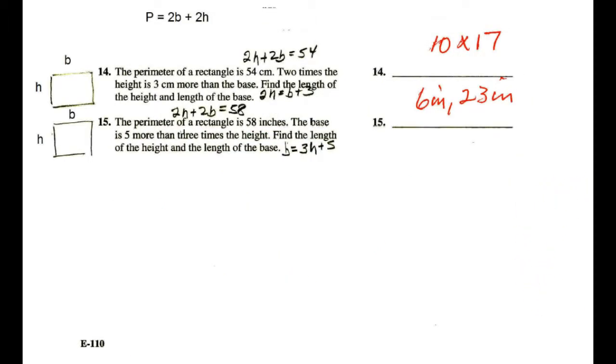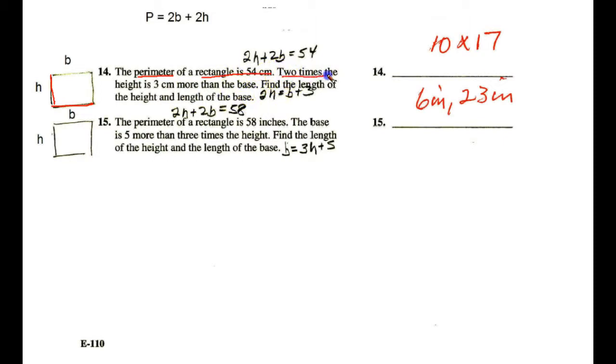So these next two are very similar. They both deal with perimeter of a rectangle. One is 54 inches, and the other is 58. And instead of using length and width, we're using base and height, which is like length and width. So there's our basic perimeter formula. 2h plus 2b equals 54, and the same for down here. And then the only difference is, what is the other equation?